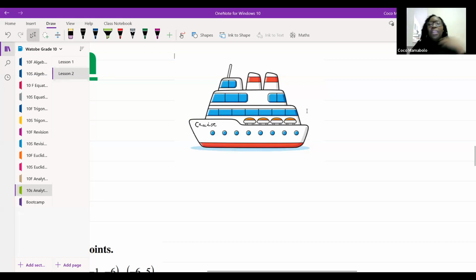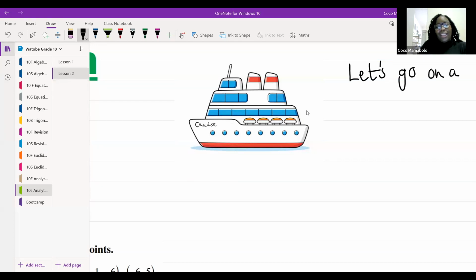All right, okay. We're going on a cruise, guys. Let's go on a cruise. For those of you who've never played this game before, we're going to have everybody play the cruise. And you don't have to think about maths for a little bit. I'm going to tell you that I'm going on the cruise and I'm bringing something.